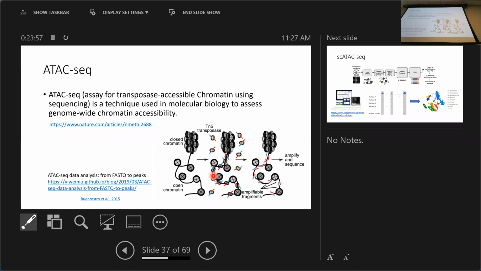This is cell 1. You get the two pieces of information, some paired, unique. Also, this set of cells, and each cell has peaks.